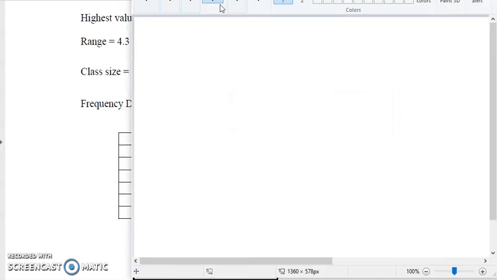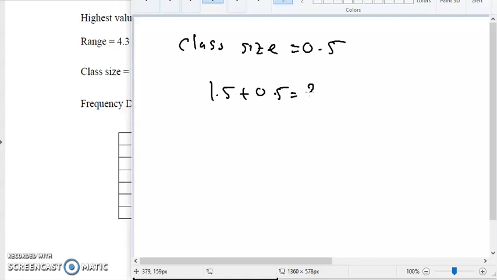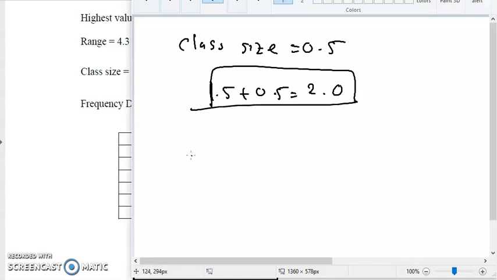I know you might calculate in this way: the class size is 0.5, and 1.5 plus 0.5 is 2.0. That is our logic, but I'm not sure how to show it to you, so I'm going to show it this way.